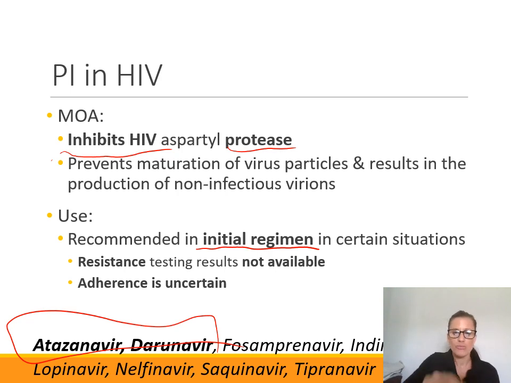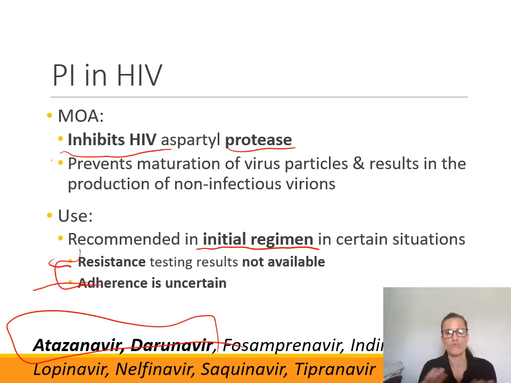We recommend the protease inhibitors in the initial regimen if resistance testing results are not available, so if you don't know if the patient's infected with a resistant form or not, or if adherence is uncertain. If you're worried about adherence to the regimen, perfectly taking the meds when intended, then you're also worried about resistance, right? Because when they don't take the drugs all the time, when you miss doses, you increase the chances of resistance developing.